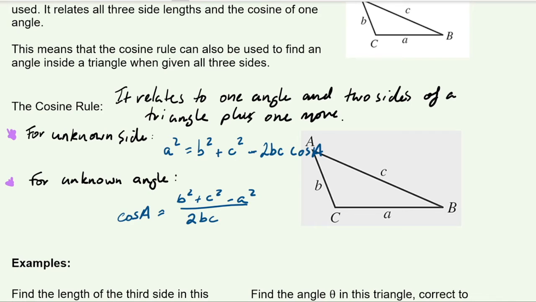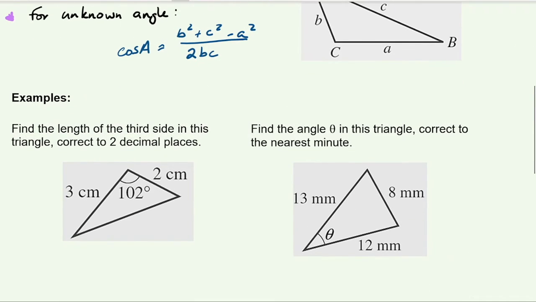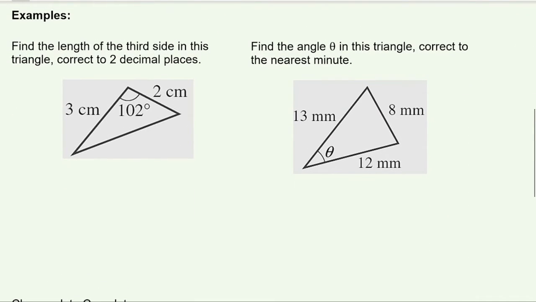So we can actually get to these by doing a little bit of algebra, but we're not going to get into that today. We just need to know how to use the formulas for today. So they're the two formulas, unknown side, unknown angle. So let's have a look at them in action.